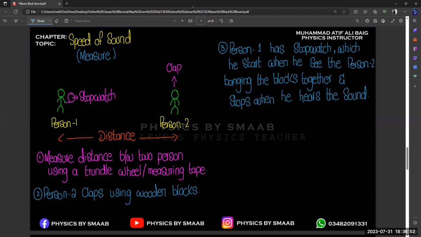So we measure the distance initially, and we calculate the time using the stopwatch. Then what will be your next step, like number 4? We need to repeat this experiment several times, because we never take only one reading in this type of experiment, because there may be a chance of error.